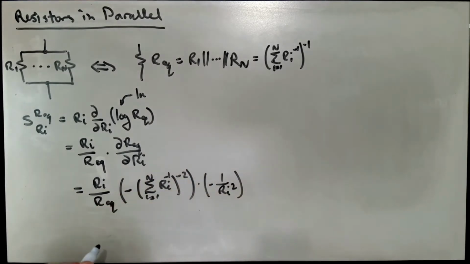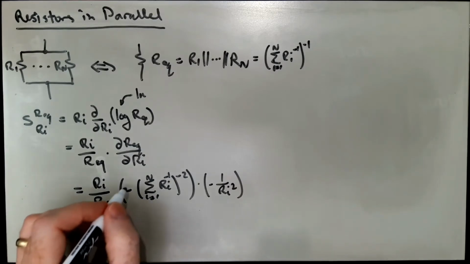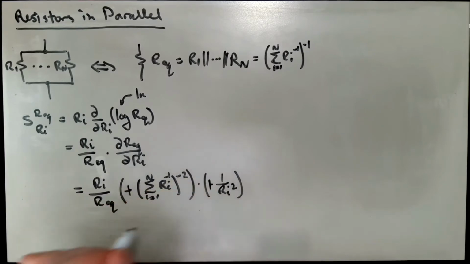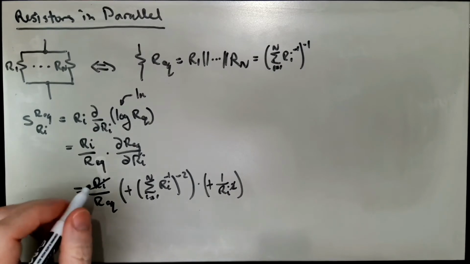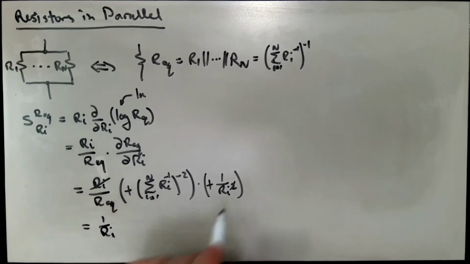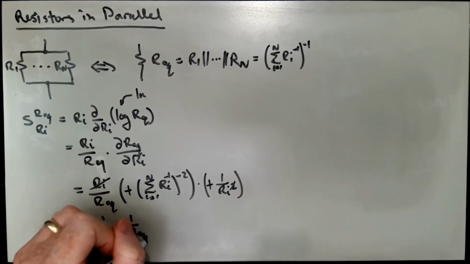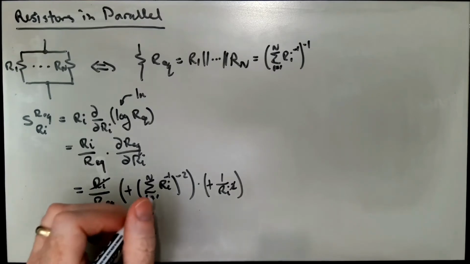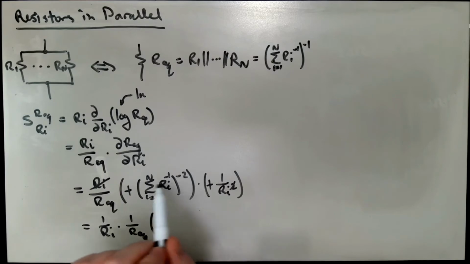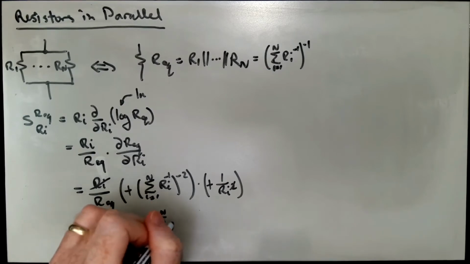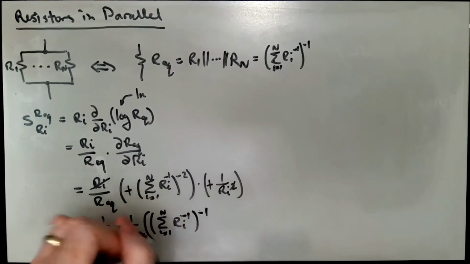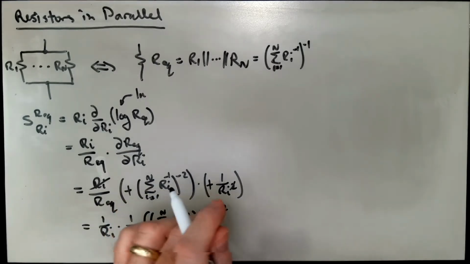Okay, so there's a couple of things that happen here. One is that we have a minus sign times a minus sign, so that becomes a plus, and then this cancels with one of these, and we're left with basically 1 over Ri, that's the one that was left over, times 1 over Req, times, well, we can write the minus second power of the sum of the reciprocals of Ri as the sum i equals 1 to n of Ri inverse, to the minus 1, all raised to the 2.